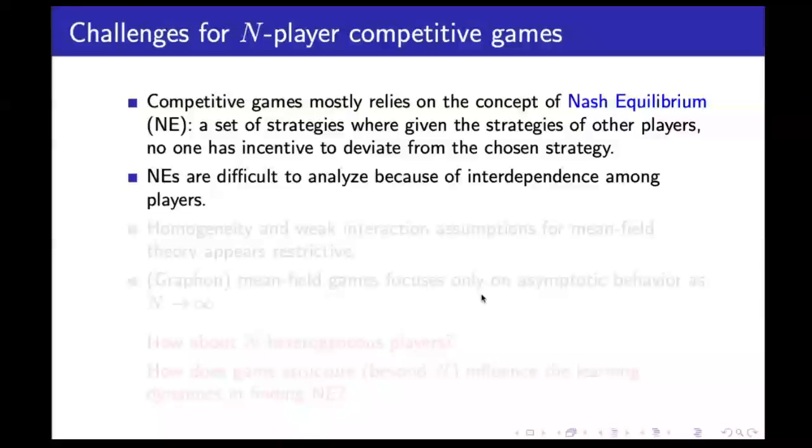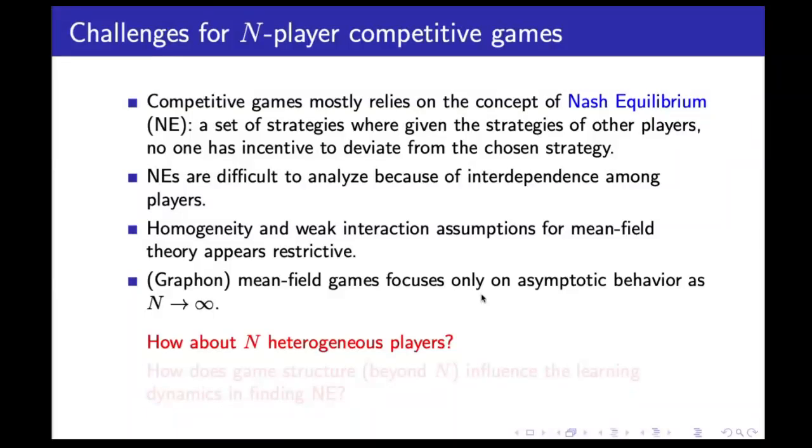This Nash equilibrium is known to be, in general, hard to analyze and solve because of the interdependence among all the players. Some classical existing work to solve for the Nash equilibrium includes mean field theory, like mean field games, which assume that every player is identical, with the same utility function, so you only need to focus on one representative player.